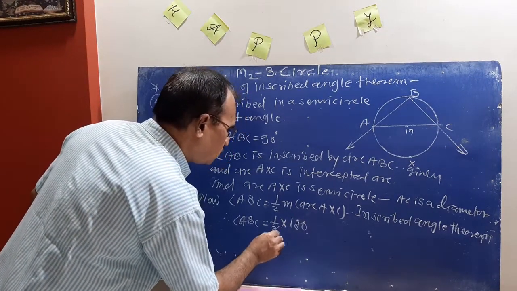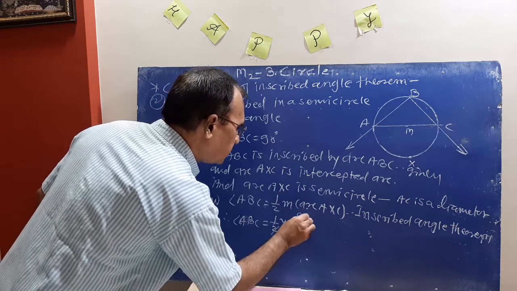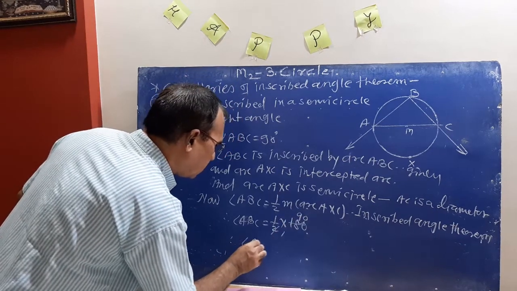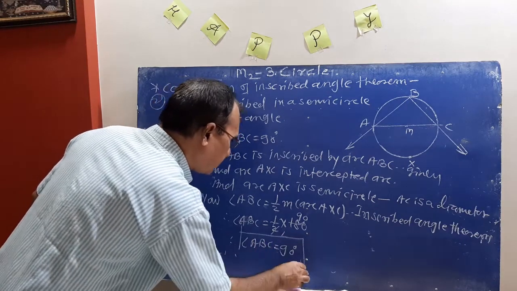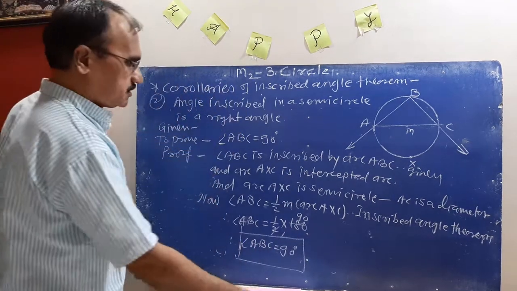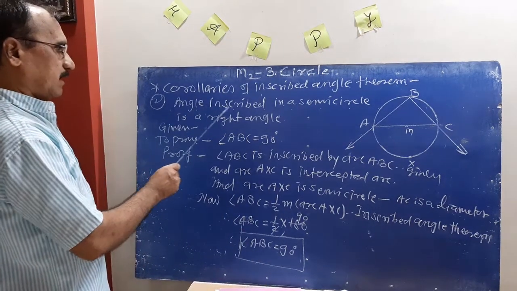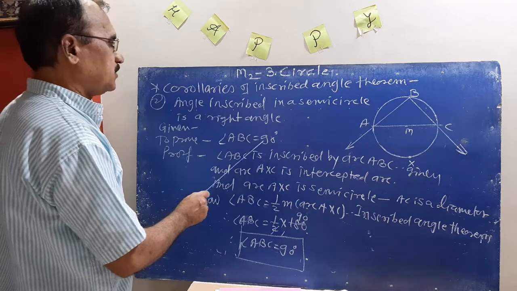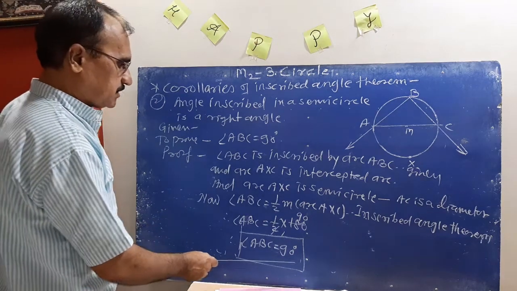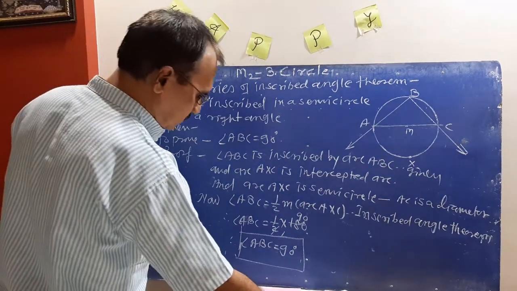Then 2 ones are 2, 2 nines are 18, and therefore angle ABC is equal to 90 degrees. Hence the corollary is proved. An angle inscribed in a semicircle is a right angle, which means we had to prove here that angle ABC is 90 degrees, and this angle ABC is 90 degrees. Hence the corollary is proved.